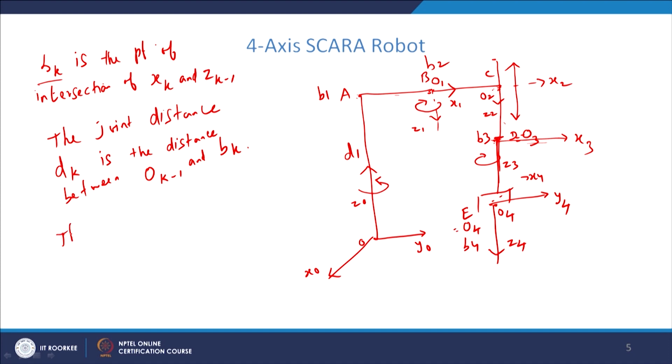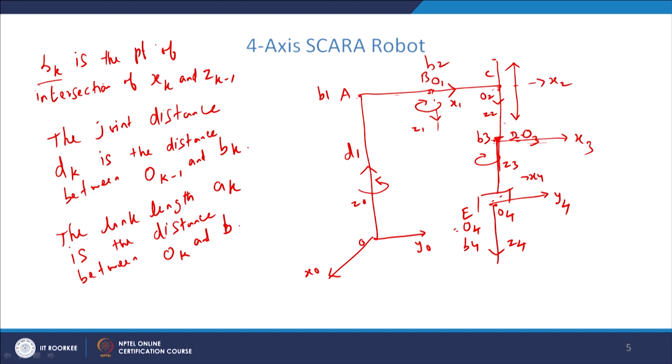The link length Ak is the distance between Ok and Bk, these 2 points.